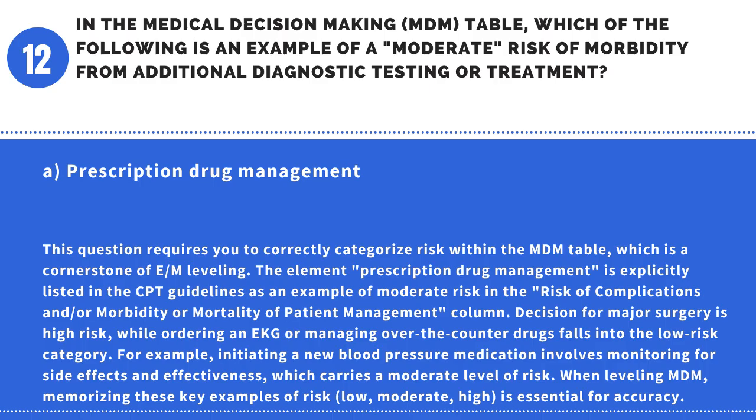Decision for major surgery is high risk, while ordering an EKG or managing over-the-counter drugs falls into the low-risk category. For example, initiating a new blood pressure medication involves monitoring for side effects and effectiveness, which carries a moderate level of risk. When leveling MDM, memorizing these key examples of risk, low, moderate, high, is essential for accuracy.